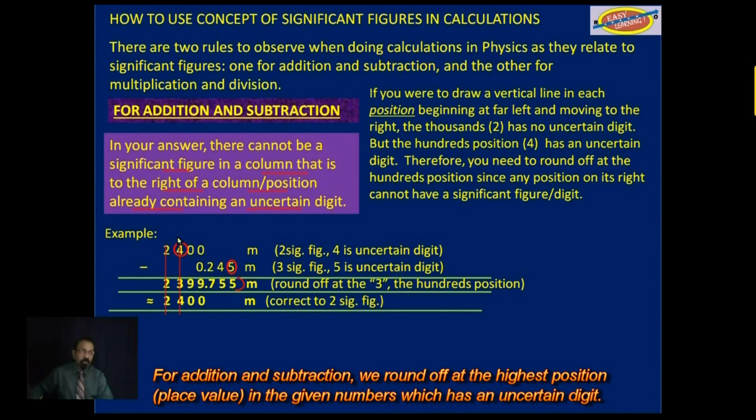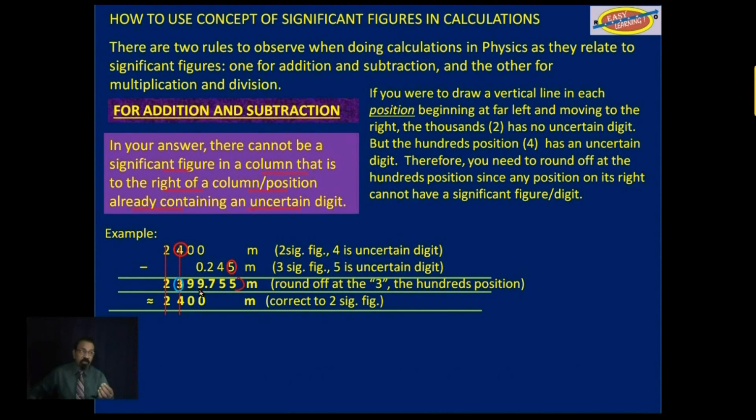If you draw a line in the hundreds position, you have encountered an uncertain digit at this 4. So you have to round off in the hundreds position, here where that 3 is. So 2,399.755 rounded off to the nearest hundreds.